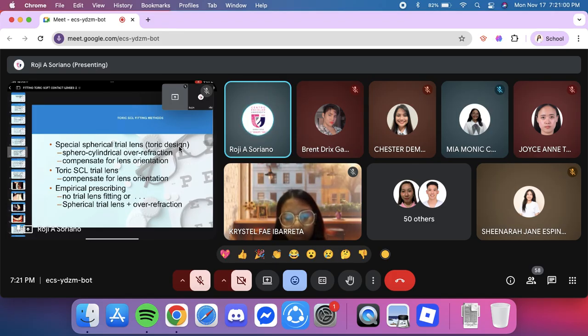Okay. Now, fitting method, we have your special spherical trial lens for toric design, spherocylindrical over refraction, and compensate for the lens orientation. The next is toric soft contact lens trial lens. As a matter of fact, in Cebu doctors, this is what they do.